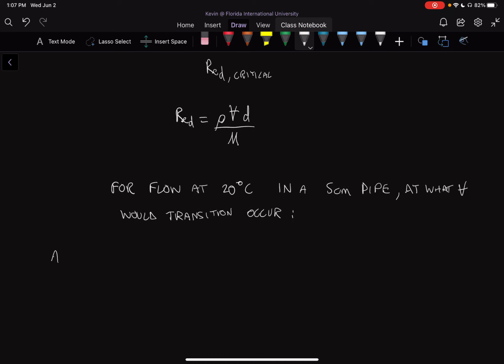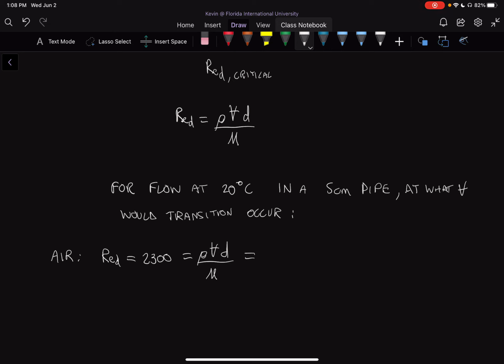Well, for air, we could just solve it by saying the Re_D we know is equal to 2,300, and we know that the equation is equal to rho times velocity times diameter over mu. So we can plug in all the values that we know.